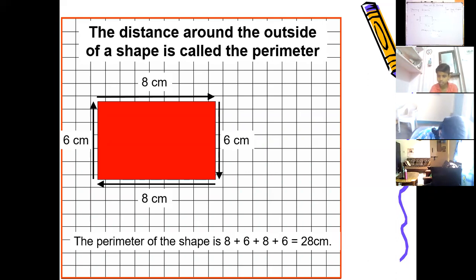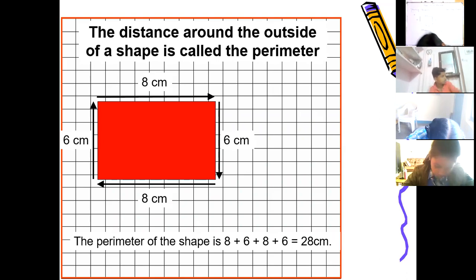Perimeter of the shape means you have to add everything. Draw a rough rectangle, add all the sides.